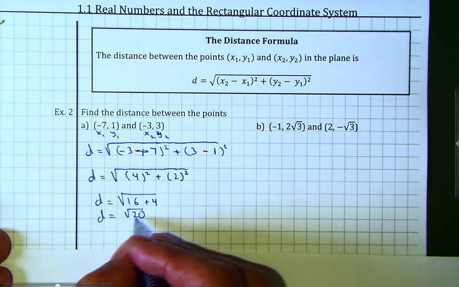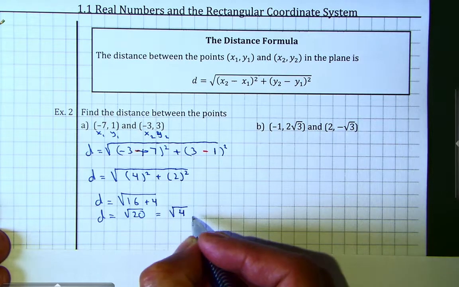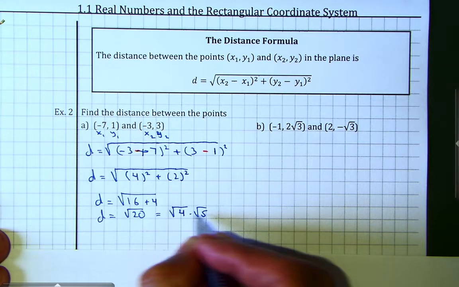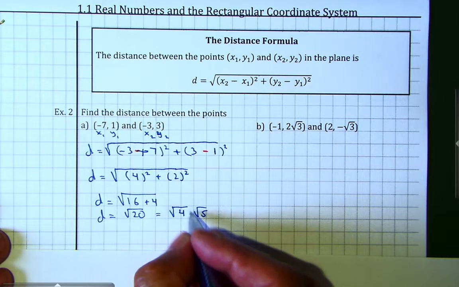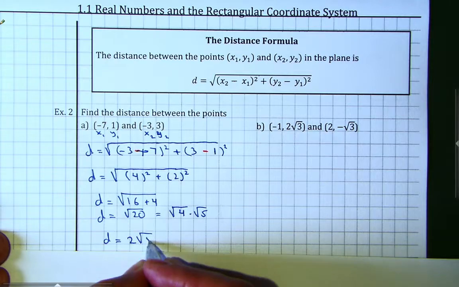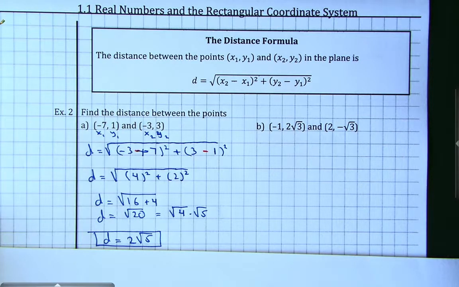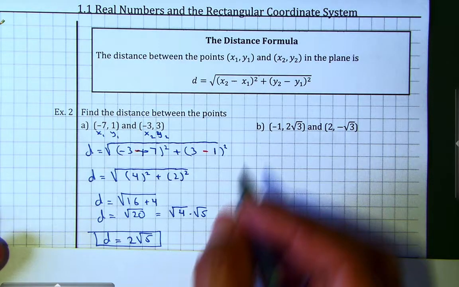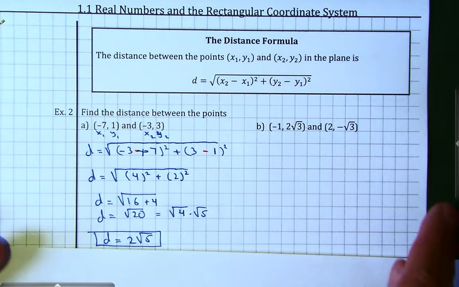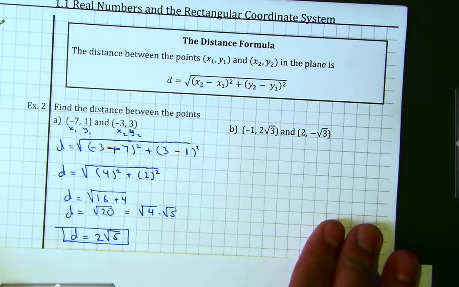Well, I know that the perfect square that divides 20 is 4. So square root of 4 times square root of 5. The square root of 4 is 2, so therefore it will be 2 square root of 5.